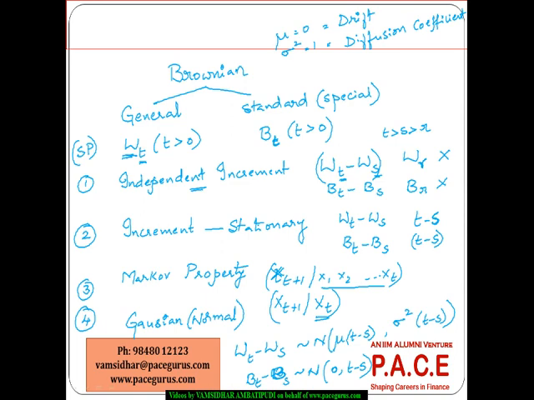In some terminologies, the standard Brownian motion is also called the Wiener process. Standard Brownian motion is very important to understand because it is also looked at as a continuous version of the symmetric random walk.